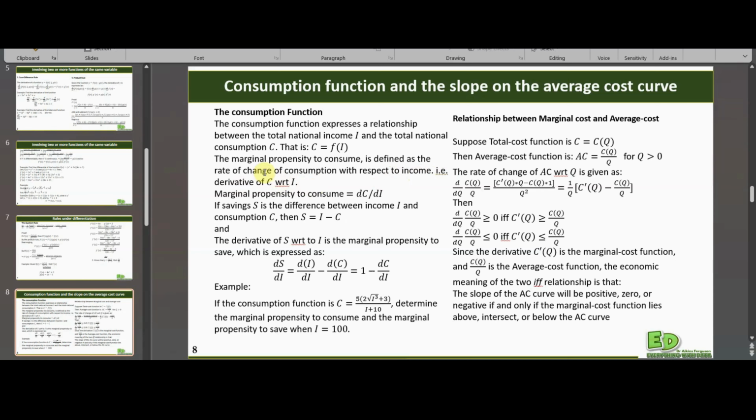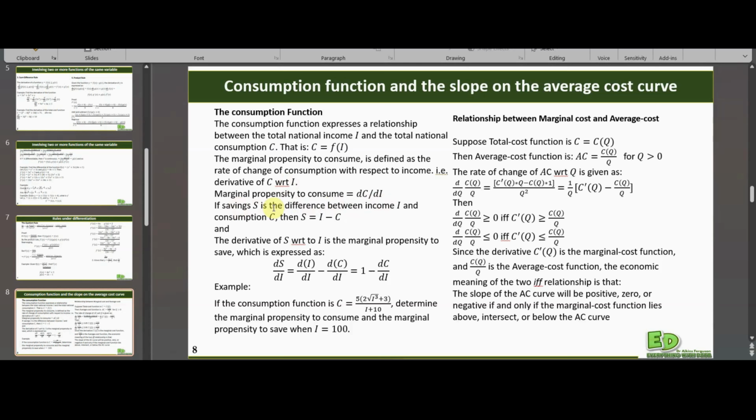Marginal propensity to consume measures how much consumption changes with a change in income, right? The marginal propensity to consume, or MPC, measures how much consumption changes, right, with respect to what? A change in your income, right? And that is defined as the derivative with respect to your what? A change in income, right? That's what you have here.